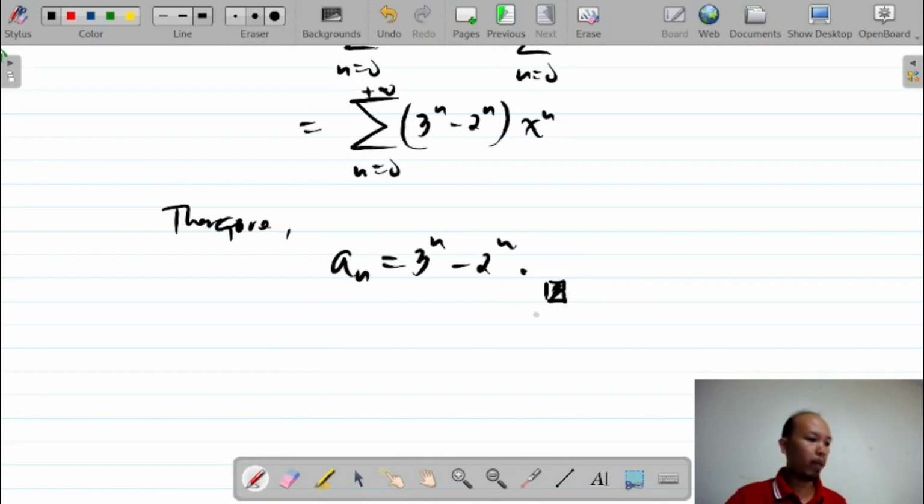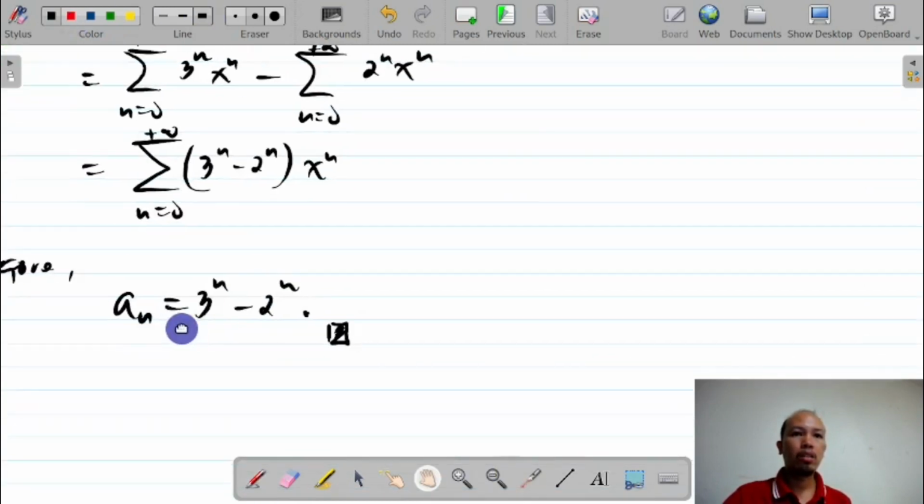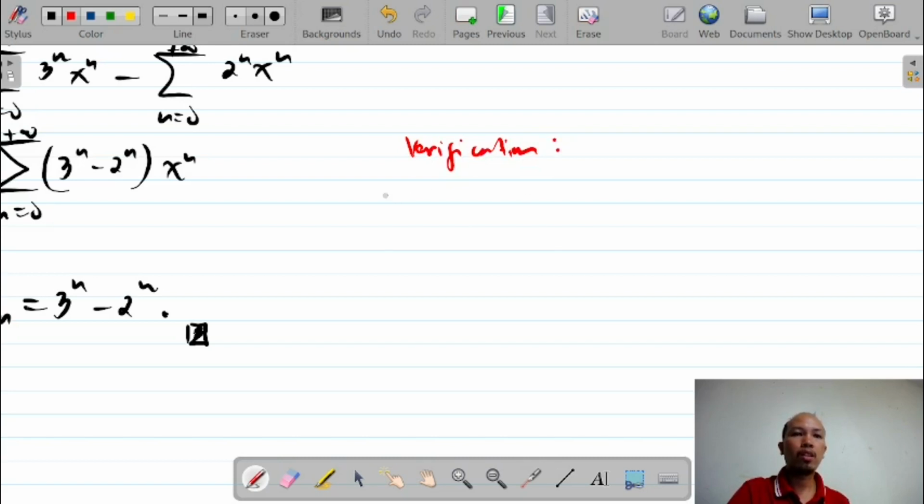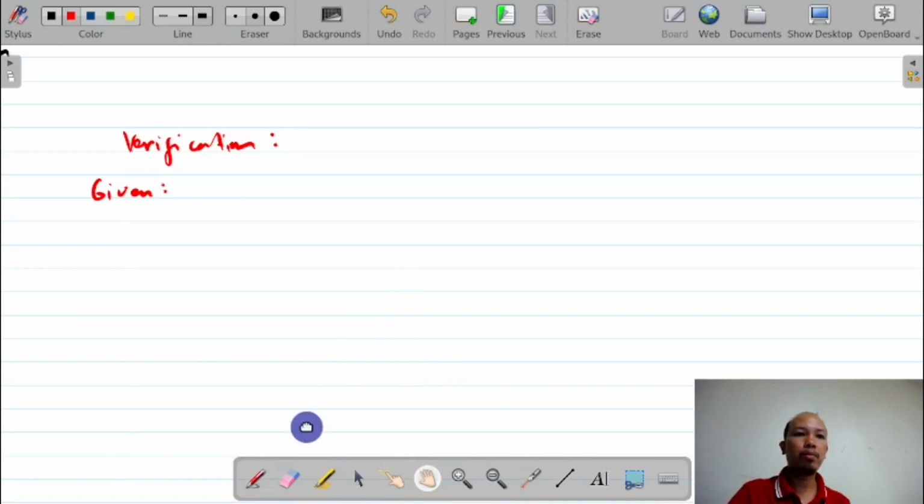And if you want to verify using our given and using the closed form, a sub n is equal to 3 to the n minus 2 to the n.